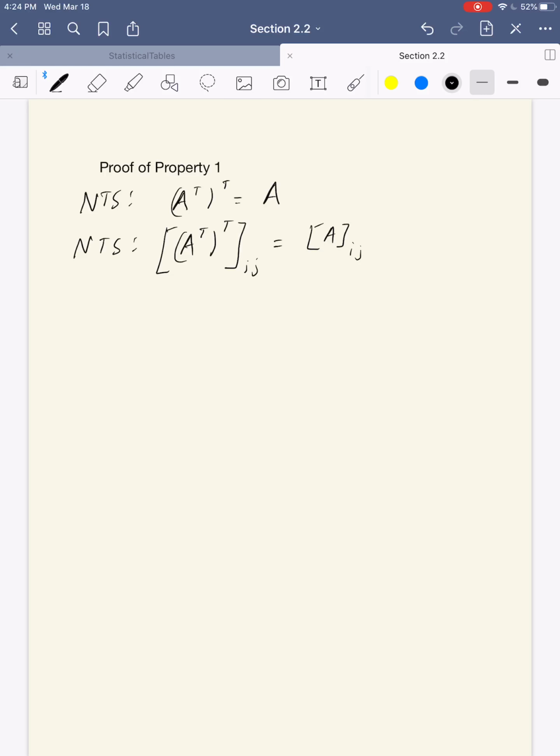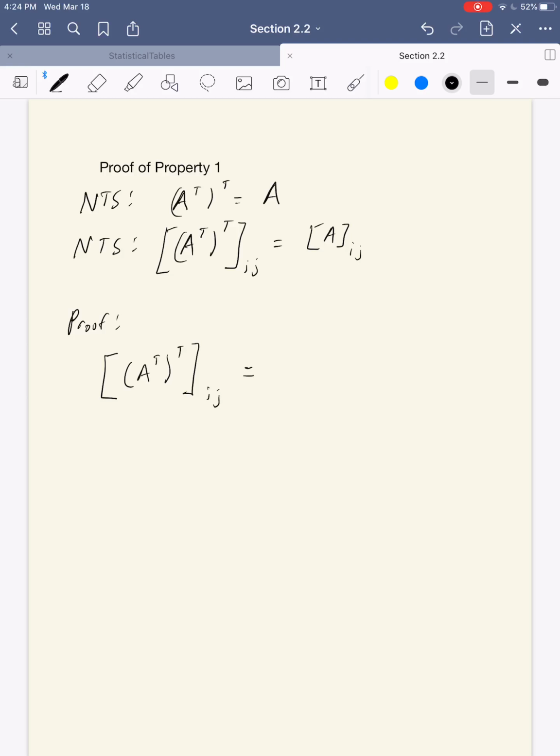So we're going to do this proof starting from the left-hand side and work our way to the right-hand side. Our actual proof: we're going to take a look at what we can say about the ijth element of this matrix. Well, as you know, the ijth element of a transpose is the jith element of the matrix you were actually transposing.